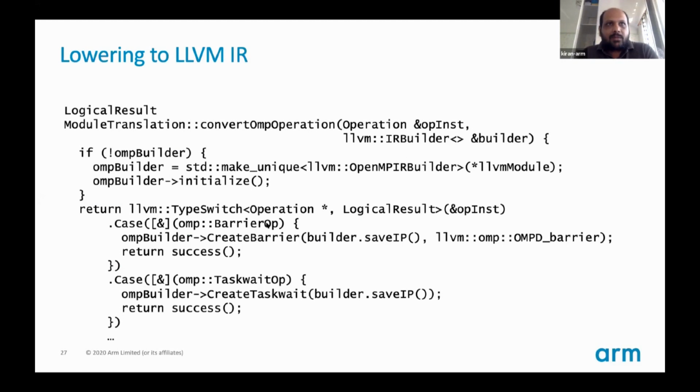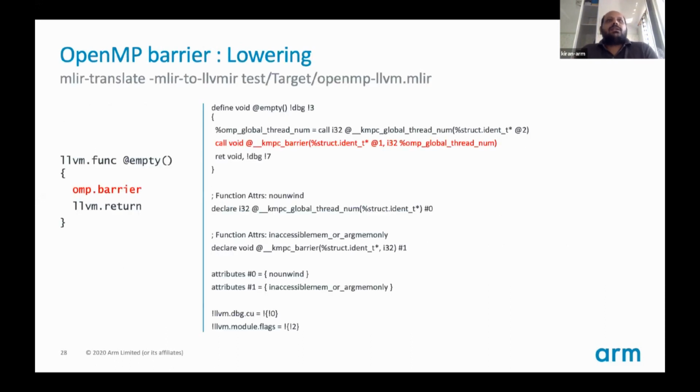So if it's a barrier operation, then the createBarrier function is called to create that barrier operation. This slide shows just another example. What we have on the left-hand side is an LLVM MLIR function, which has an OpenMP barrier inside it. And on the right-hand side, what we see is the LLVM IR that is generated for it. And you can see the call to the barrier function inside that.